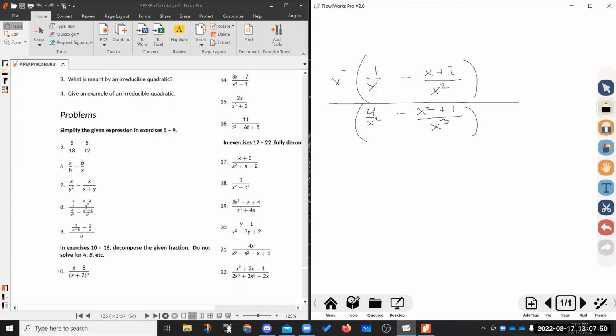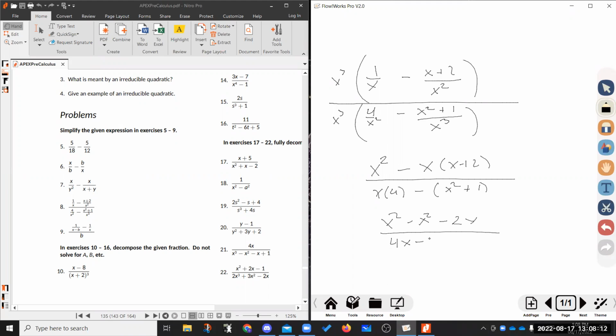So I'm going to multiply by x to the third over x to the third. That gives me x squared minus x times x plus 2 over x times 4 minus x squared plus 1. It's going to give me x squared minus 2x over 4x minus x squared minus 1.